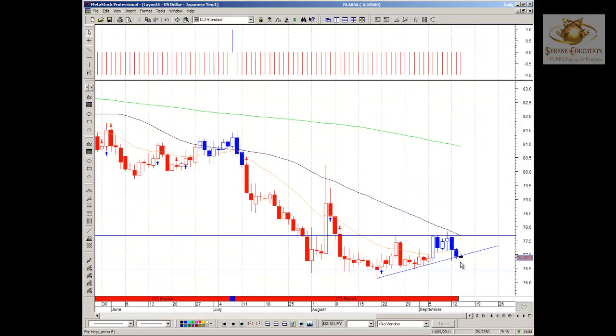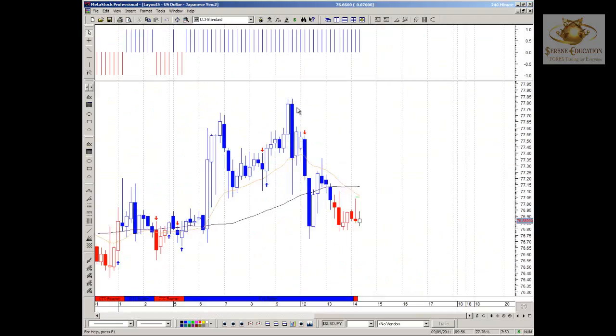There's nothing to say we couldn't have a bit of a pullback, tail-wise, and the price action closing higher to depict that we should see some further US momentum to the upside against the yen carried over into the latter part of this week. So you've got to be very cautious.